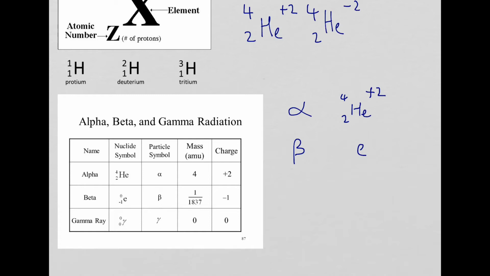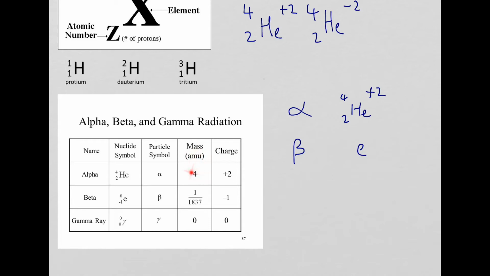Well, if we look over here, a reason I brought this table in, it's got some representation of mass here in atomic mass units. That means in multiples of the mass of a proton. So we see here, because a proton and neutron have almost exactly the same mass, which we'll look at in more detail later, we can say there's 4 nucleons and then 4 times the mass of one nucleon.